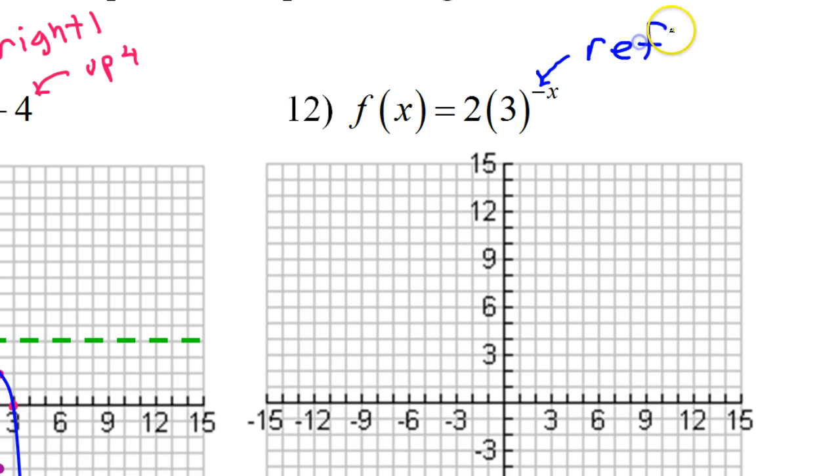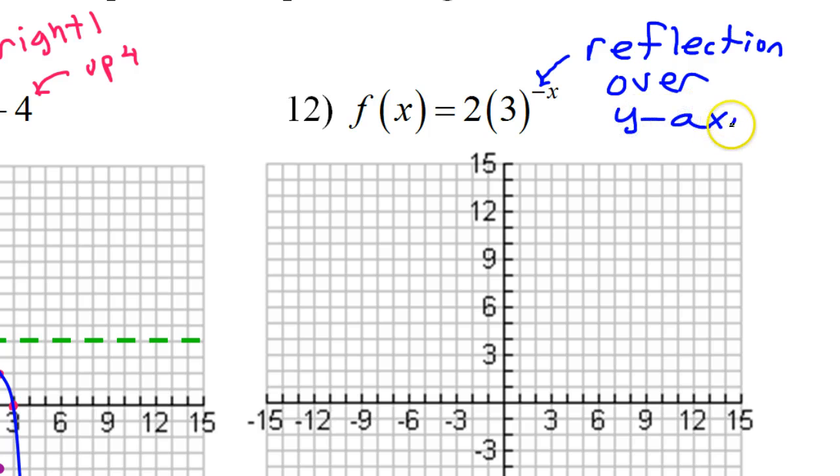That is a fact, okay? Reflection over the y-axis. So if we were listing transformations and there's a negative on there, if you saw that negative sign, you could mention reflection over the y-axis.